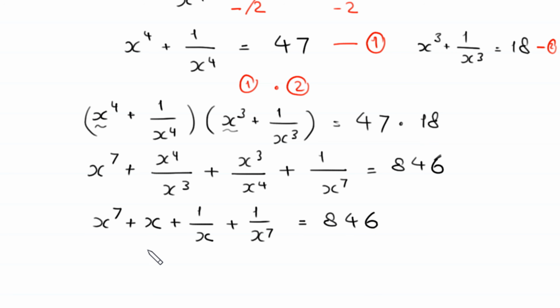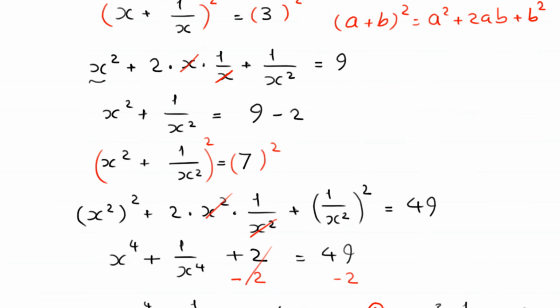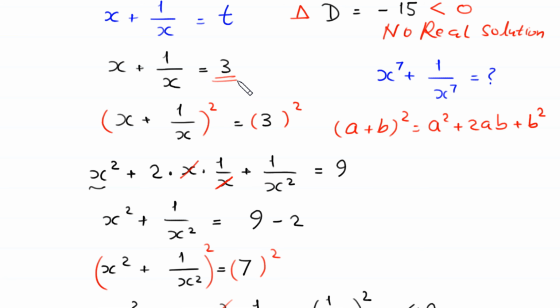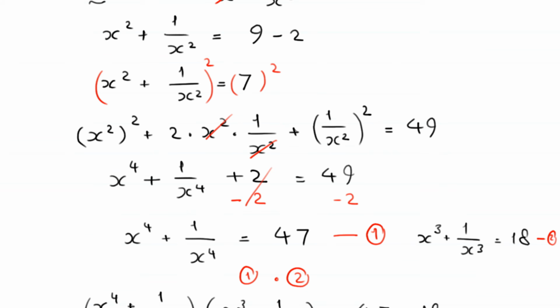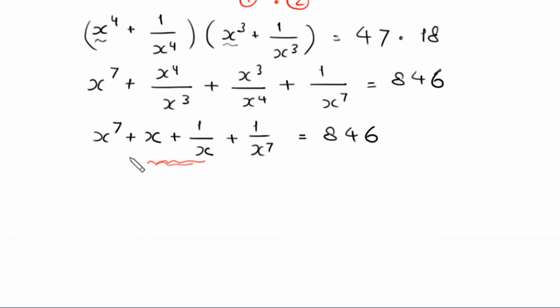Now we replace this x plus 1 over x with the value of x plus 1 over x, 3, from here. So this will become x to the power 7 plus 1 over x to the power 7, in place of this x plus 1 over x we write plus 3, is equal to 846.